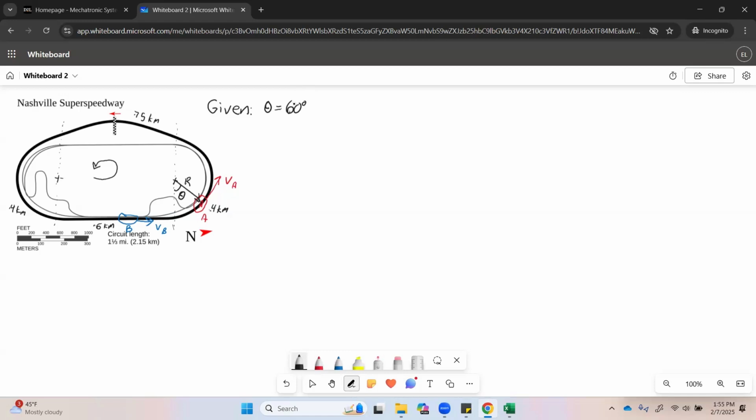And then we'll also be given velocity of car B equals 200 miles per hour in the i-hat direction, and velocity of car A equals 180 miles per hour.